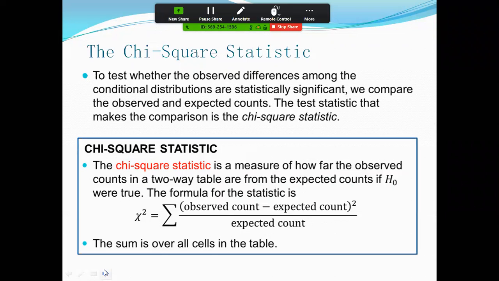The chi-square statistic is a measure of how far the observed counts in a two-way table are from the expected counts if H0 were true. The formula for the statistic is chi-square equals sigma of the observed counts minus the expected counts quantity squared divided by the expected count. The sum is over all cells in the table.